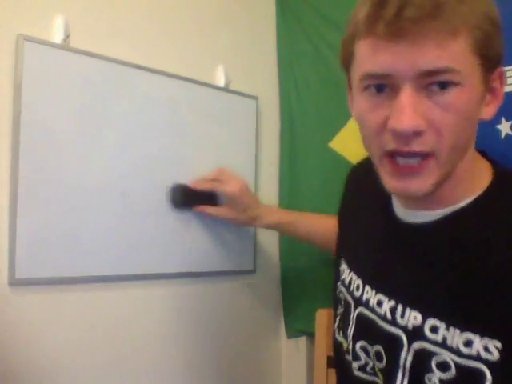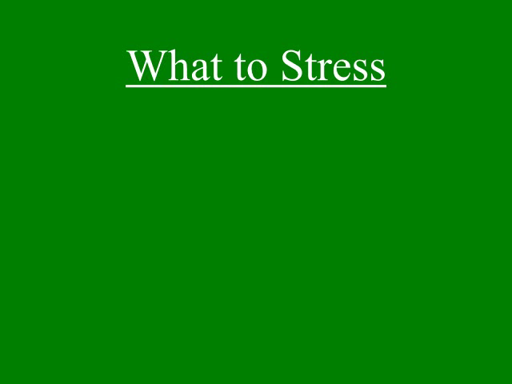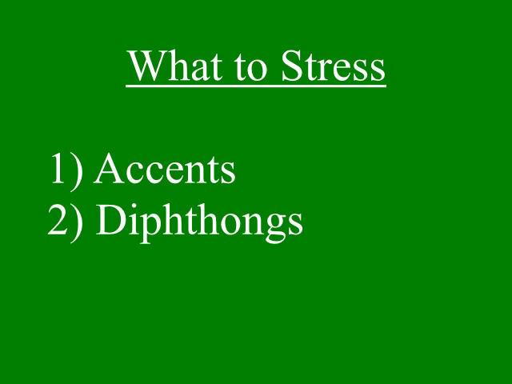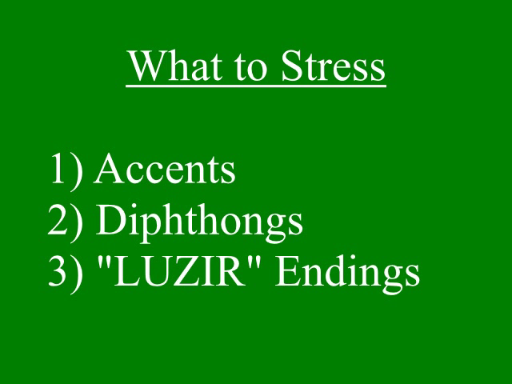Okay, that seemed a little bit complicated, so let me simplify it a little bit. When you're reading a word and you want to know where the stress is, just look at first if there is an accent that is not part of a diphthong. If the word doesn't have an accent, go to step number 2, which is look for a diphthong. If the word has a diphthong, the syllable which the diphthong is in gets the stress. If it doesn't have a diphthong, then you go to step number 3, which is look at the last letter of the word.